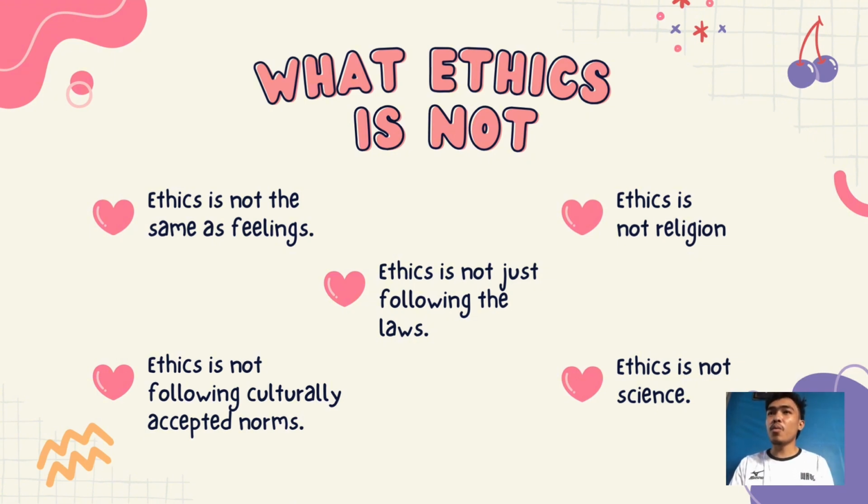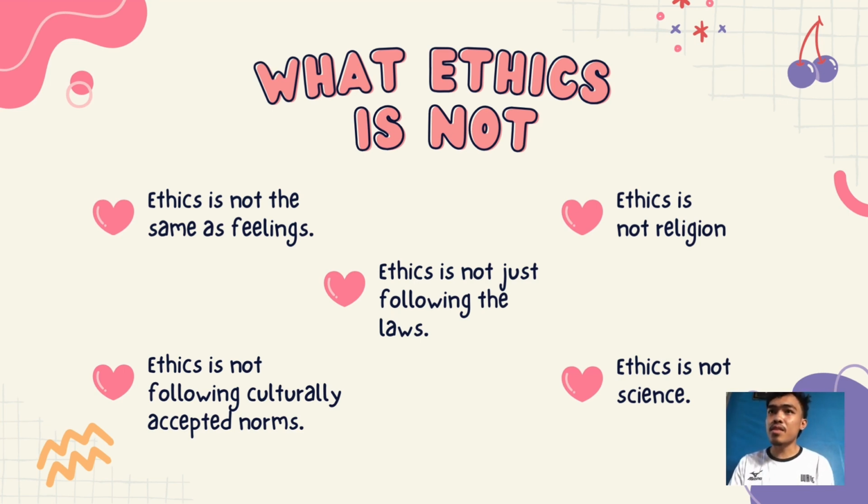So, why is ethics not religion? Ethics is not religion because ethics focuses on reason and logic to determine right and wrong, while religion often relies on faith and divine authority. Ethical principles can be debated and evolve, but religious doctrines are typically seen as fixed.